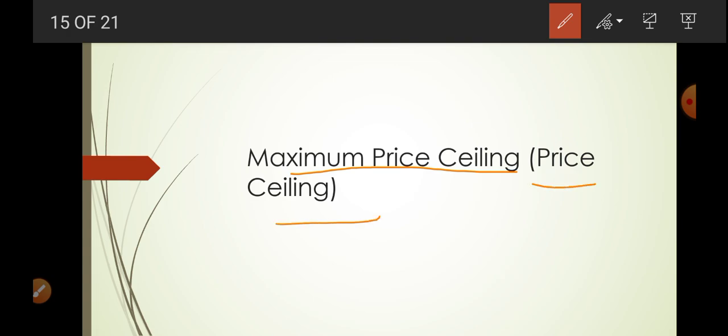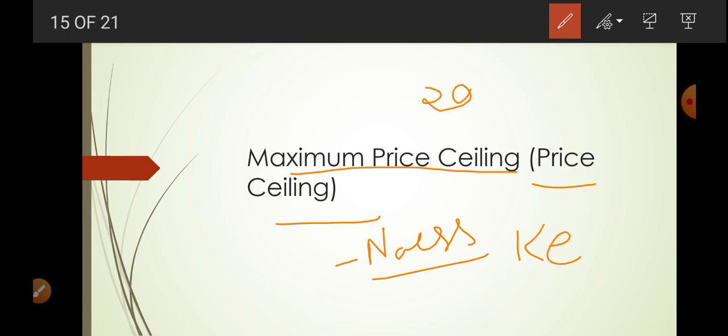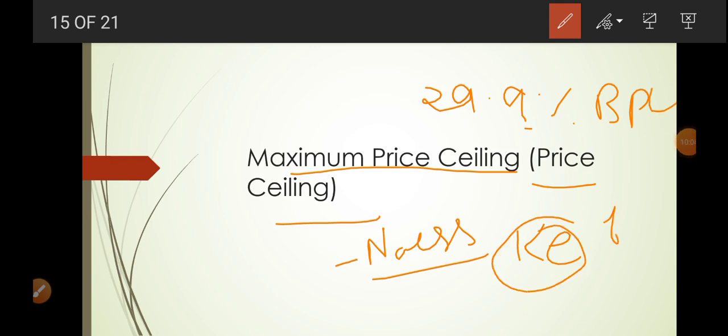Look, price ceiling is done in the case of necessary goods, like kerosene. You know, in India still 29.9% of people are living under BPL. These people use kerosene as fuel and for power, that is, for lighting.